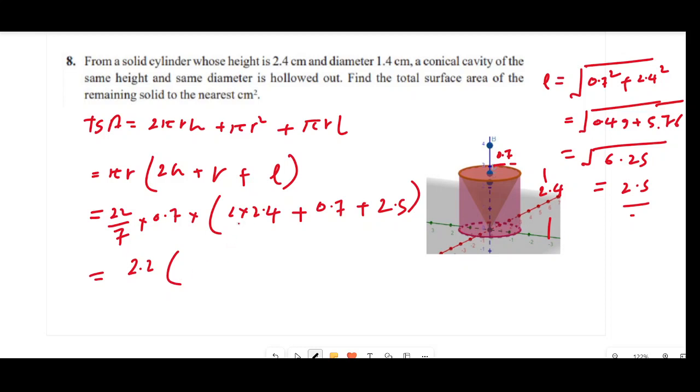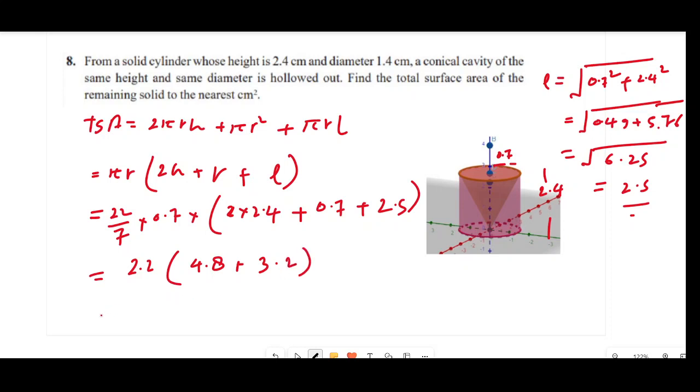Now this will be 4.8 plus 0.7 plus 2.5, which is 8.